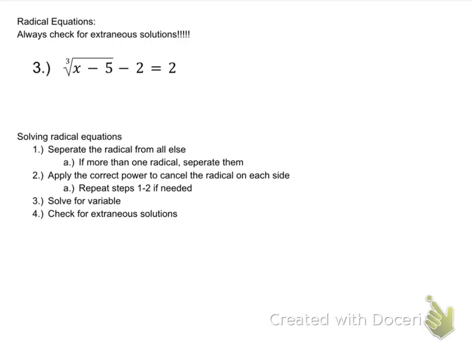So you go back to step 1 and separate them again, and then go back to step 2 and apply the correct power. You will do that as many times as necessary to make it so all radicals are gone. And then, of course, once the radicals are gone, in step 3, you can solve for the indicated variable.